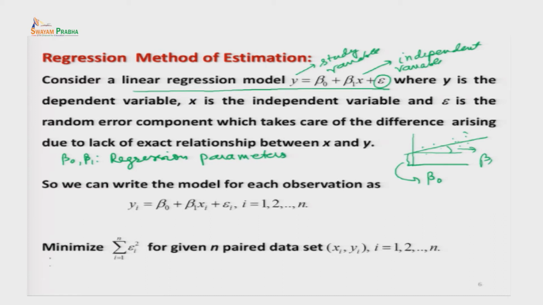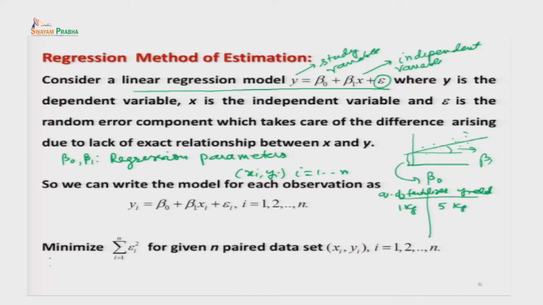Now, since we have obtained paired observations, suppose we have obtained small n observations. It is something like this: you have the quantity of fertilizer and the output, that is the yield. You give, say, 1 kilogram of fertilizer and suppose you get 5 kg of yield.